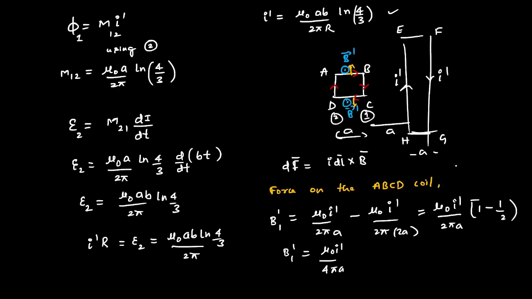So this is because of the FG segment. Again, I'm repeating: the EF current-carrying wire and the HG current-carrying wire will also produce a magnetic field, but since we are ignoring their contribution, we are not writing it.